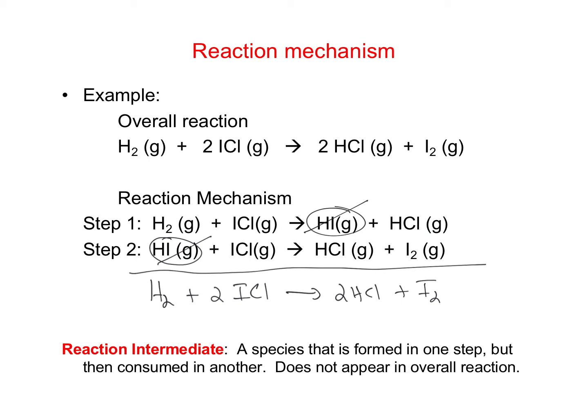It tells us what molecules are actually smashing into each other during the chemical reaction. This occurs in two essentially different collisions. First, an H2 smashes into an ICl. It gives us one of our HCl products and the intermediate. Then in a separate step, the intermediate collides with a second iodine monochloride molecule to give us our second HCl and our I2.